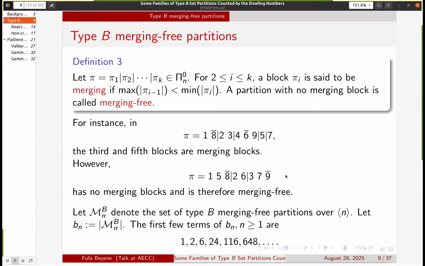I think this can also be generalized by not just looking at 2 colors, but several colors, where you partition the set and do not color one of the elements. Then it will be given by the generalized Dowling numbers with m colors.